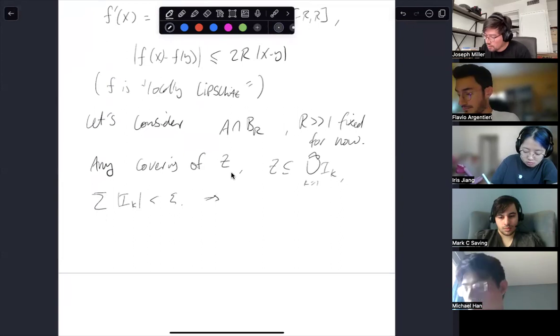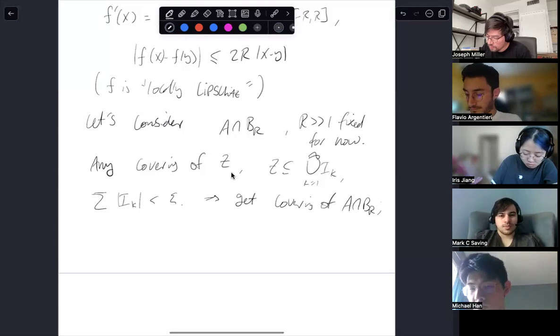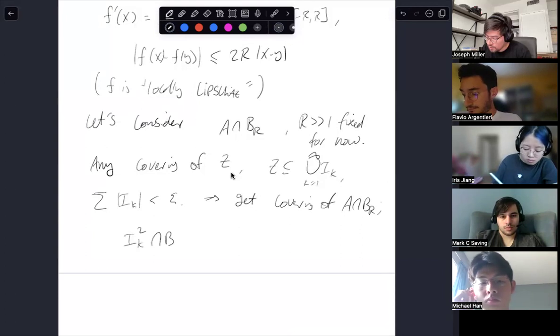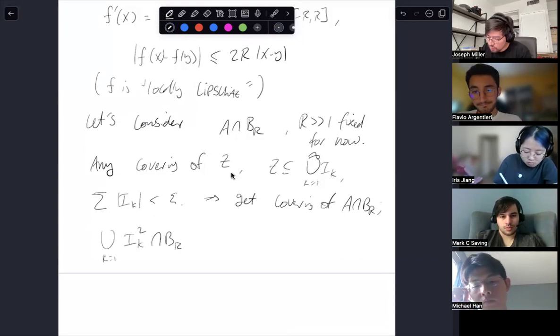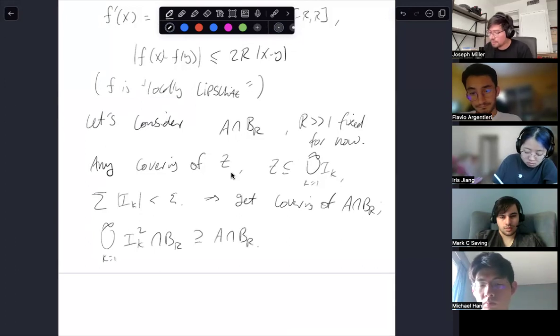What this shows me is I can get a covering of A intersect B_R by just looking at I_k squared intersect B_R, k equals 1 to infinity. So this covers my set A intersect B_R.